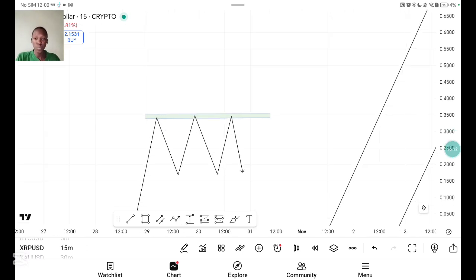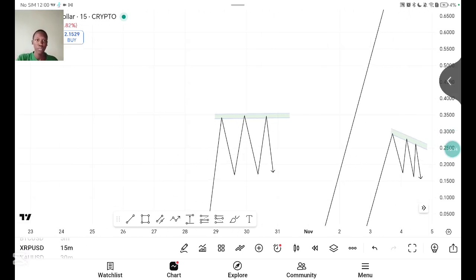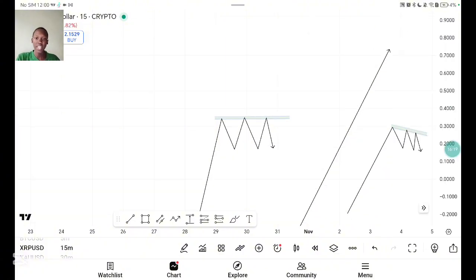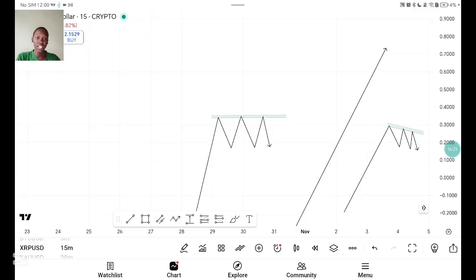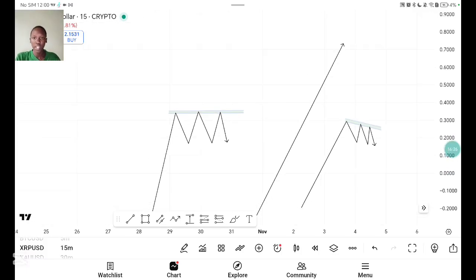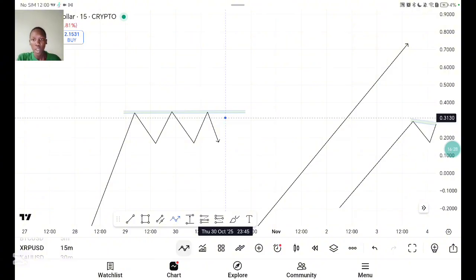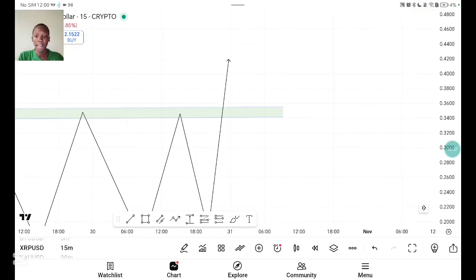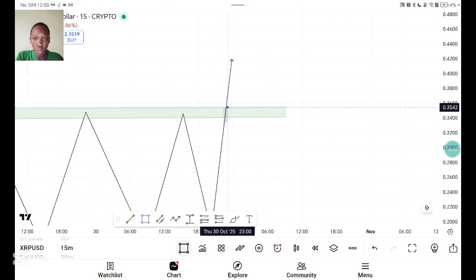Now since we are in an uptrend, this is the first scenario I was telling you. What you'll be doing in an uptrend is waiting for the price to close above.